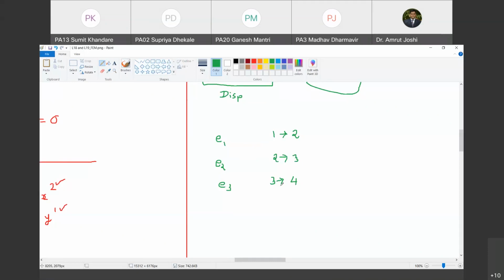Here the idea is this: element number 1 talks with element number 2 only through a common node 2. Element number 2 and element number 3 talk with each other, and transfer the forces, moments, everything only through common node 3. Are you with me? Yes, sir.